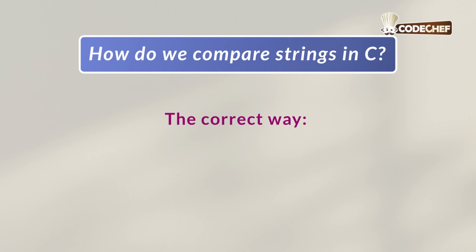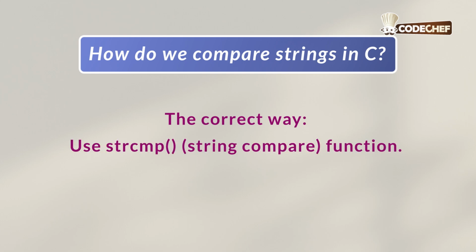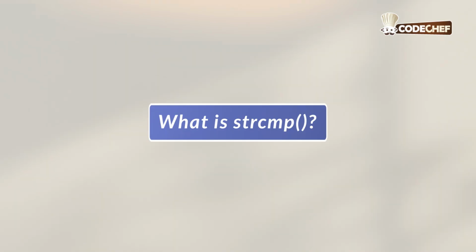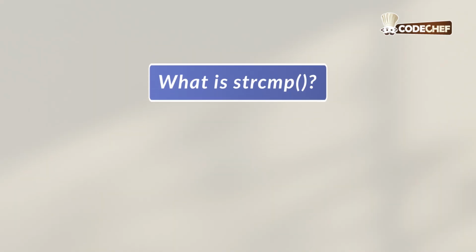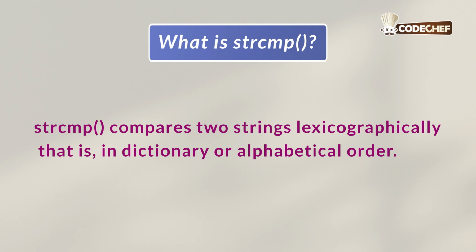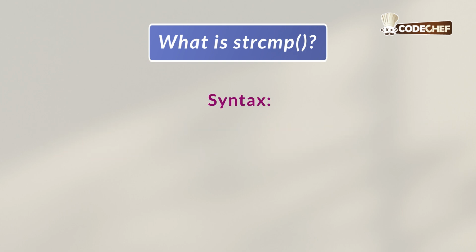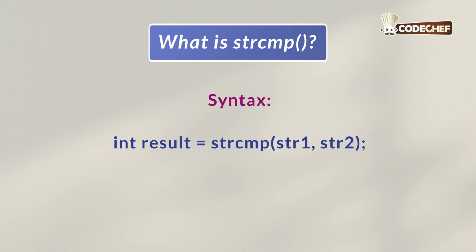The correct way is to use the strcmp, string compare function. So let's see what strcmp is. strcmp compares two strings lexicographically, that is, in dictionary or alphabetical order. The syntax is int result = strcmp(string1, string2).